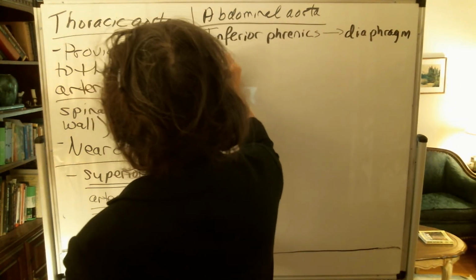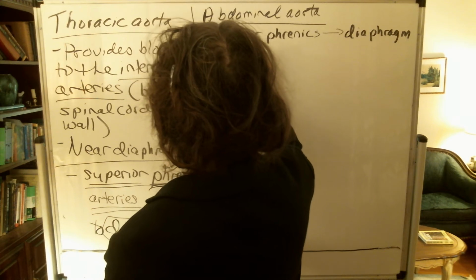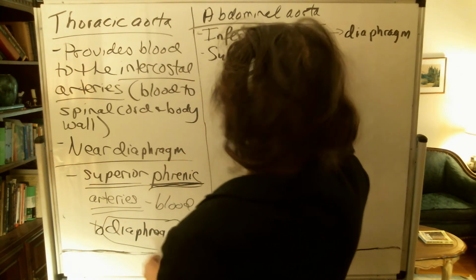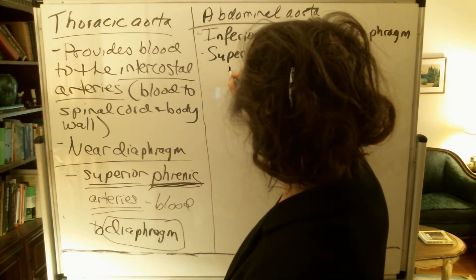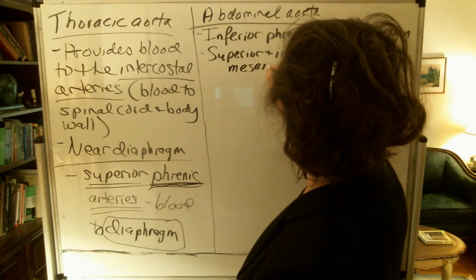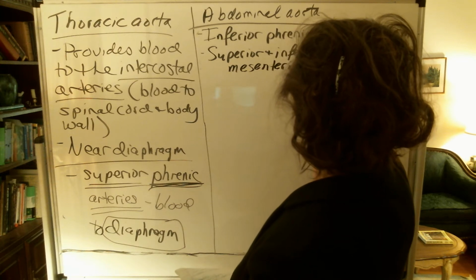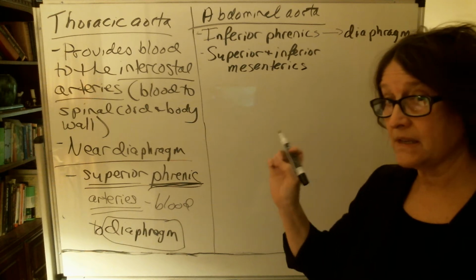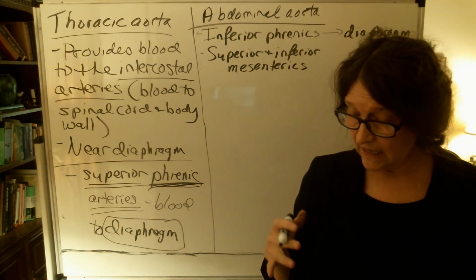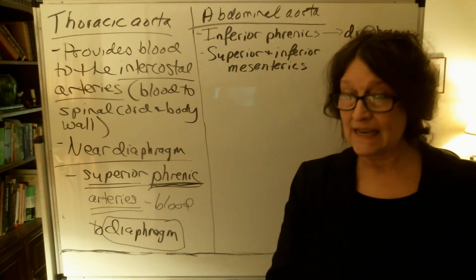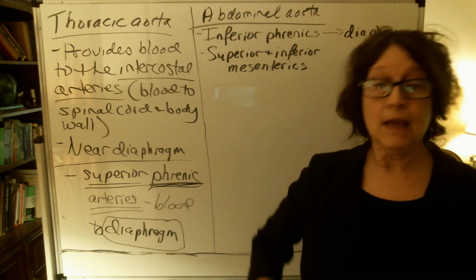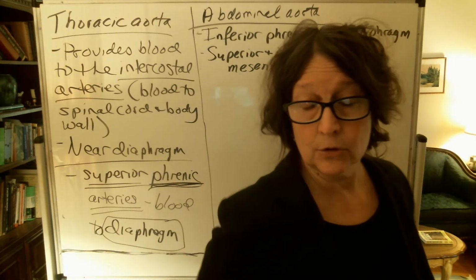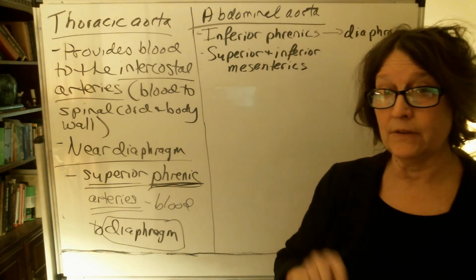We have the superior and inferior mesenterics. Now you remember the mesenteries. The mesenteries are those membranes that attach to your small intestine, and you remember them, they anchor your small intestine to the dorsal body wall, but they also have blood vessels in them.